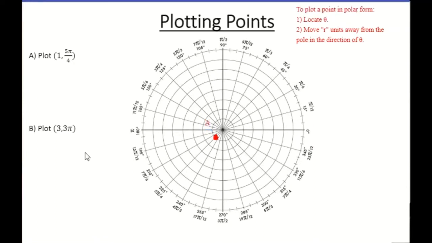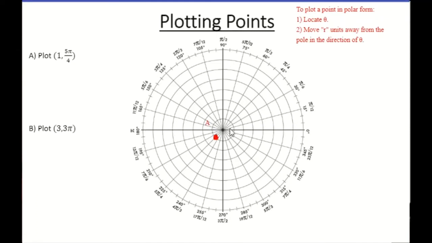And let's do B, 3 comma 3 pi. So again, first find theta. 3 pi isn't explicitly labeled on here, but if you recall from the first unit, towards the beginning of the year where we looked at coterminal angles, we saw that 3 pi is really in the same location as pi, and the reason for that is we go 1 pi, 2 pi, 3 pi, which takes us back over here.